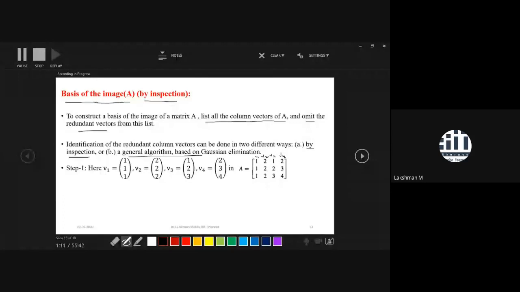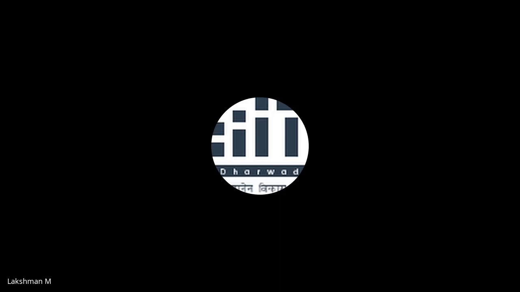Okay, in the 4 columns, the first criterion is that we have listed these columns in a proper order, V1, V2, V3.